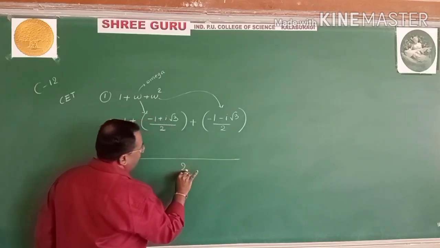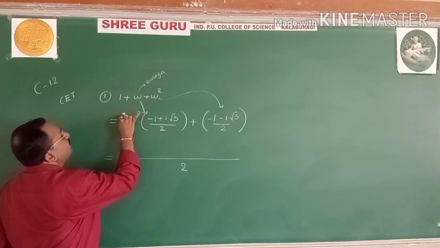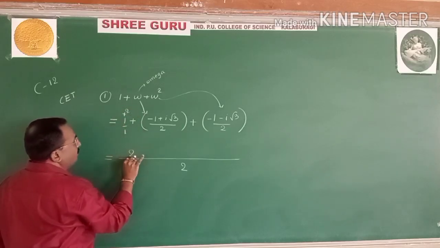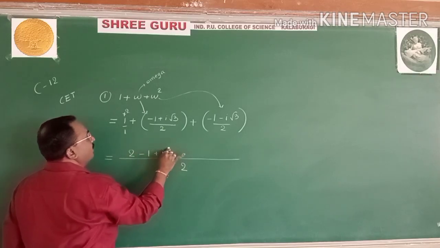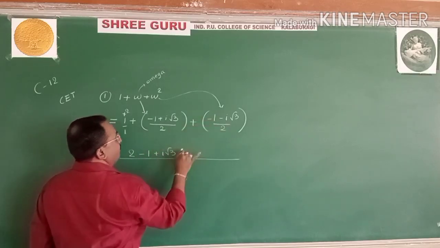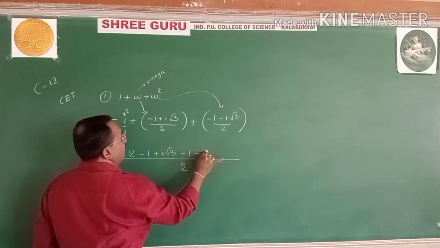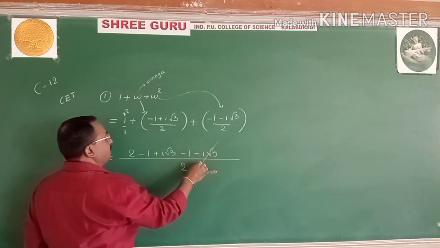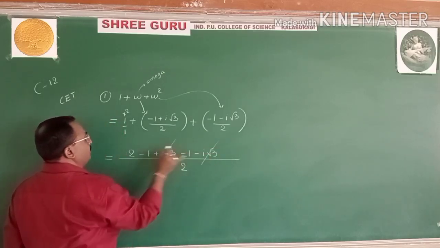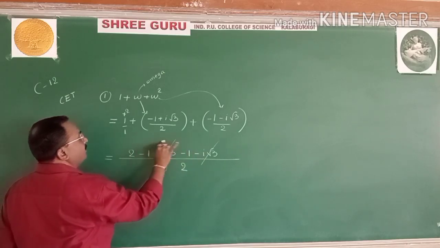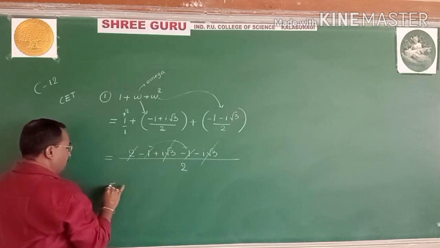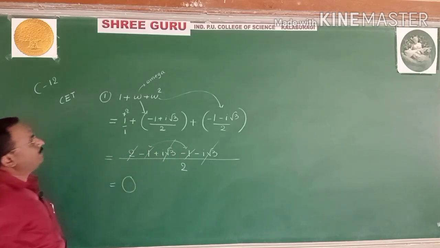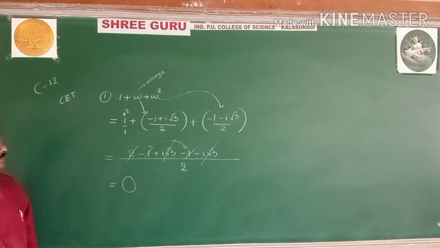LCM is 2. 2 plus minus 1 plus i root 3 plus minus 1 minus i root 3. Minus 1 minus 1 minus 2, get cancel. Value is 0. Sum of cube roots. This is the CT point.